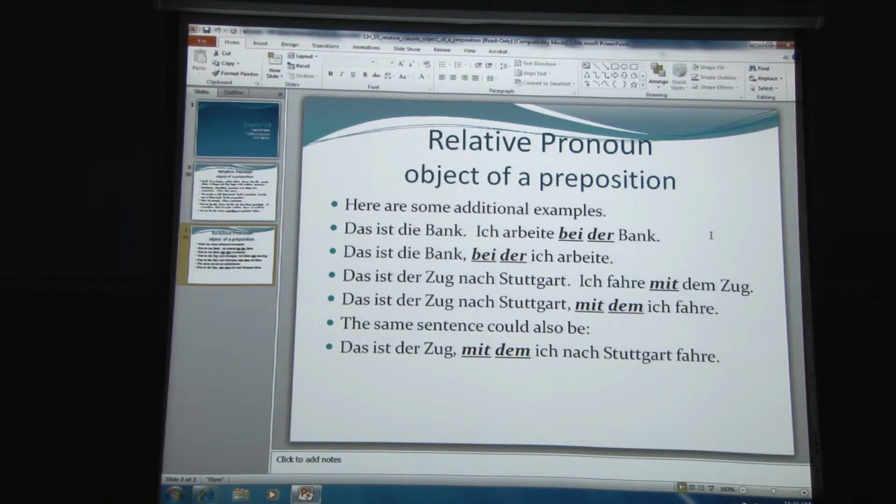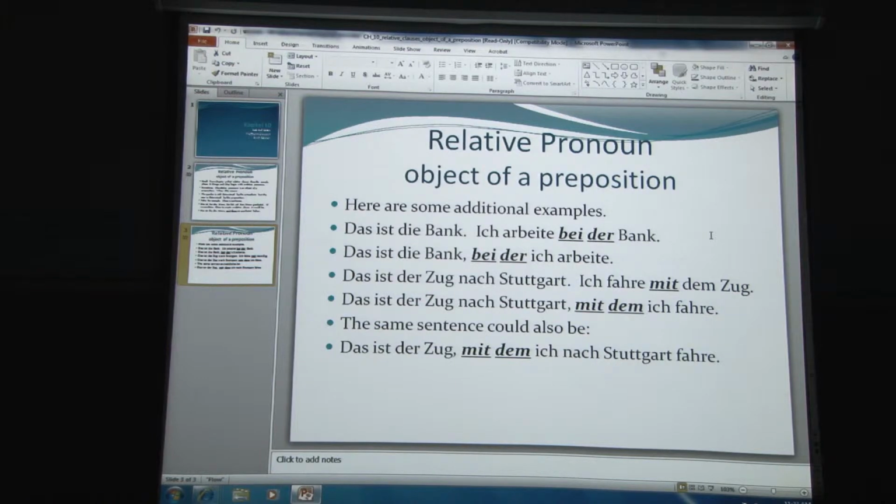Das ist die Bank, bei der ich arbeite. Yeah? And again, if you translate into informal, colloquial English, you say, oh, that's the bank I work for, or I work at. Not translatable into German, not at all. But if you think in more formal English, that's the bank at which or for which I work, then you get closer to German.